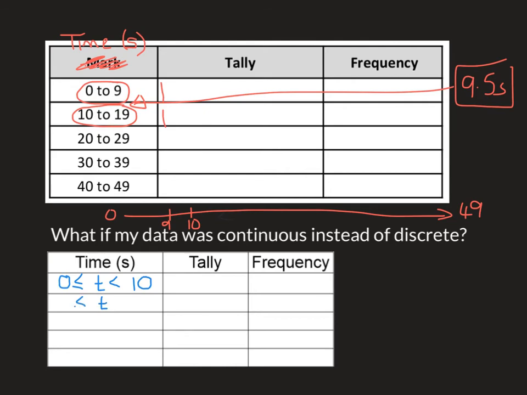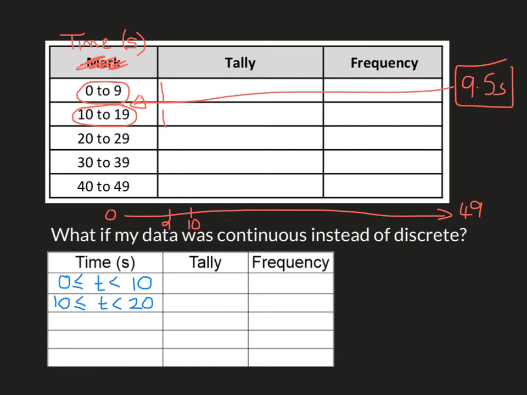The next boundary starts off, and that one can equal 10, and we would go all the way up to 20. So in there I'm going to have 10, 11, 12, 13, 14, 15, 16, 17, 18, 19, 19.5, 19.6, 19.9999999, and so on, 10.34, all those values along that whole range.